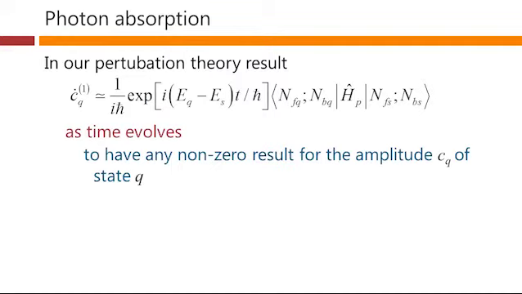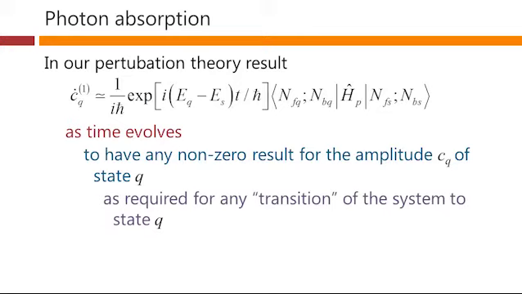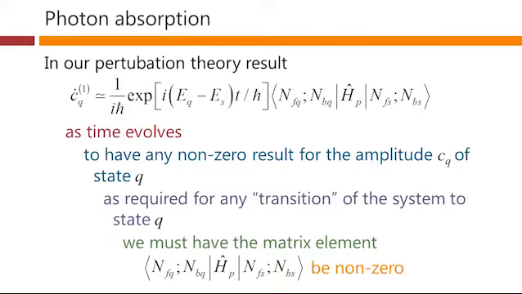As time evolves, to have any non-zero result for the subsequent amplitude of CQ, required for any transition of the system to state Q from its starting state S, we must have that this matrix element is not 0. If this matrix element is 0, the rate of change of the amplitude of state Q is going to be 0, and hence we're not going to get any transitions into that state.